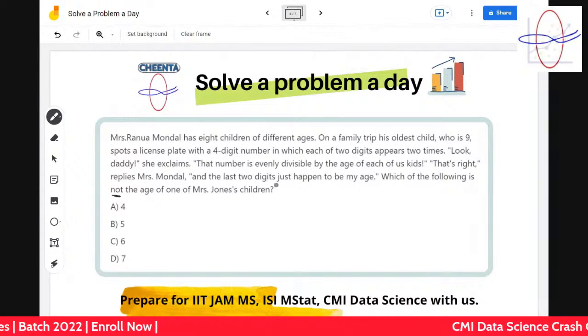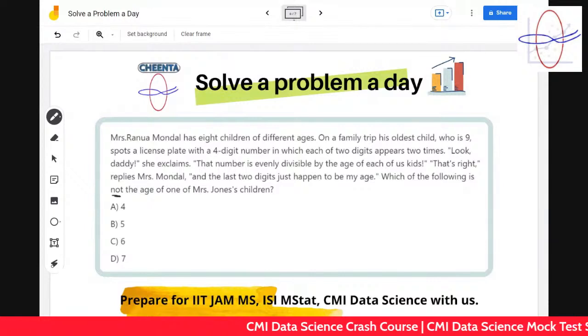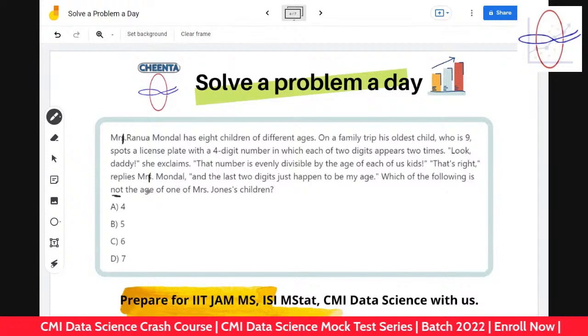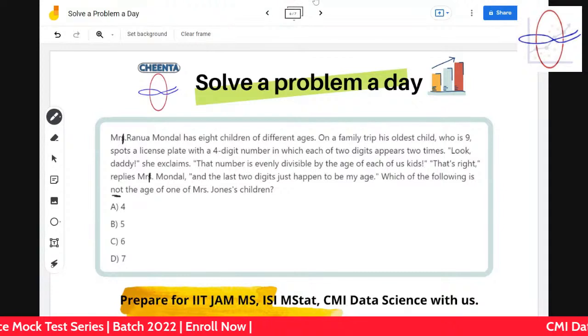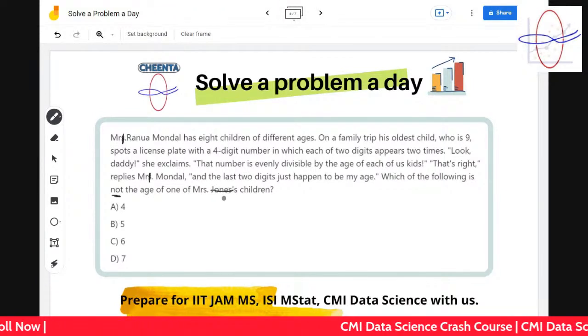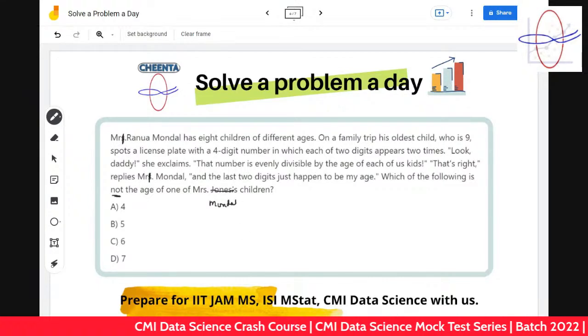Also, the last two digits happen to be the age of Mrs. Mondal. Sorry, there are some typo issues; it should be Mrs. Mondal's children.